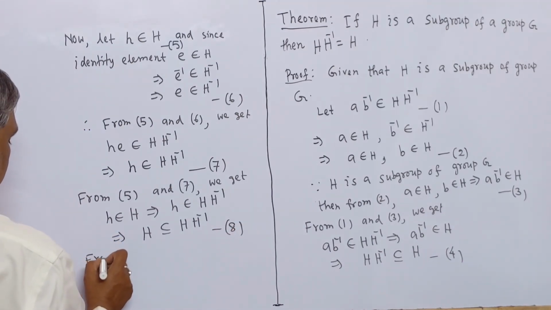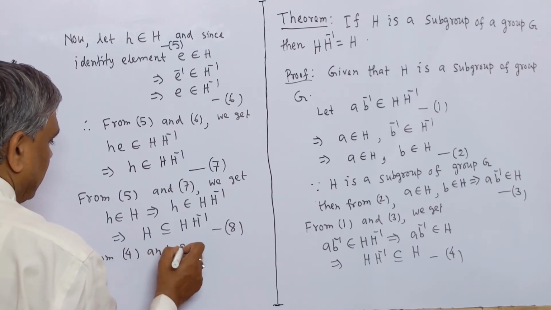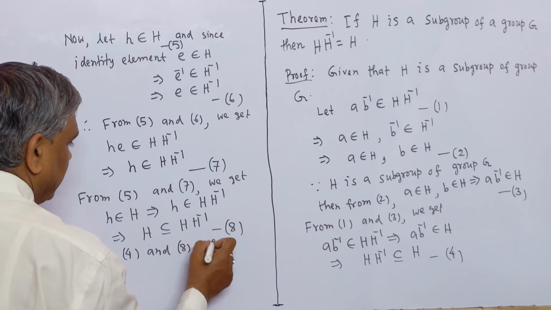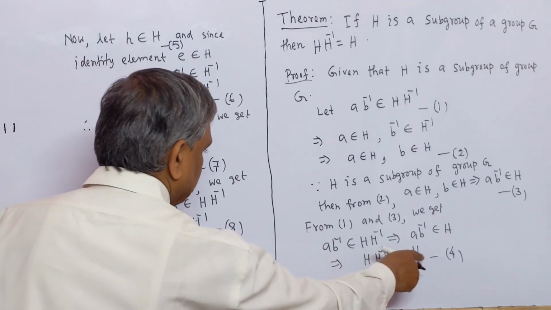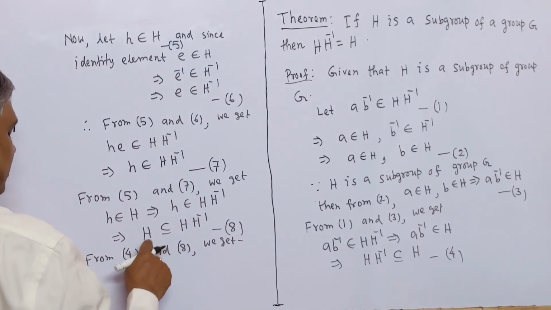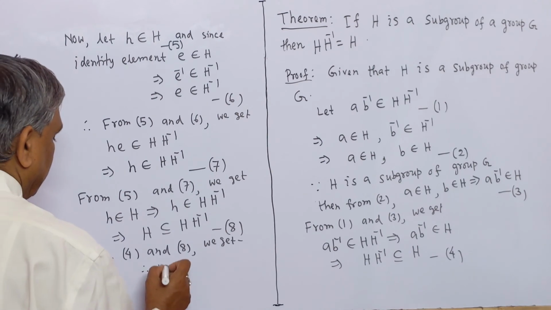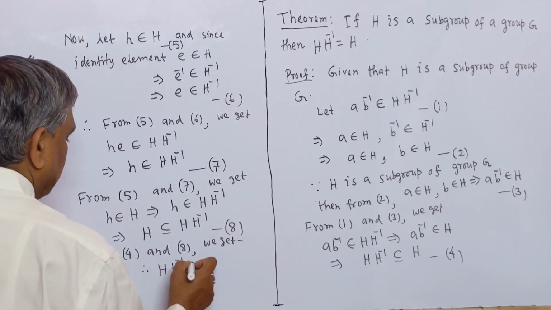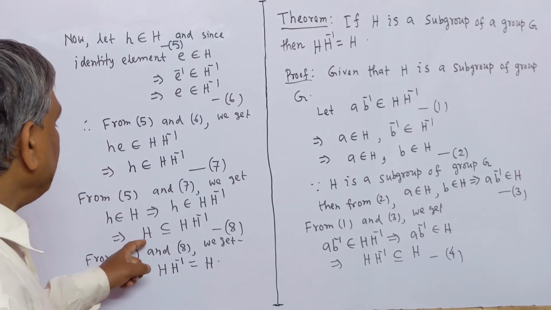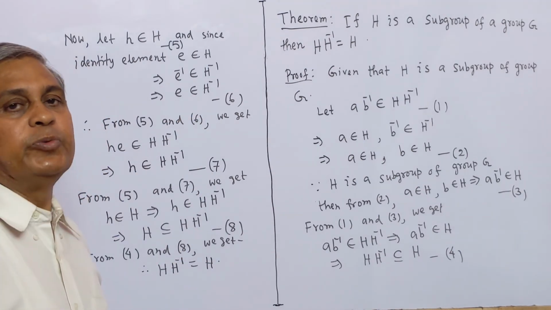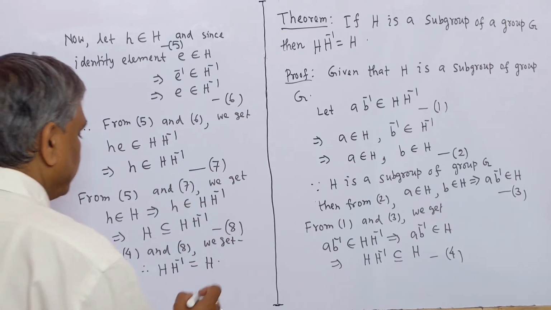From 4 and 8 we get, in 4 H inverse is a subset of H, and in 8 H is a subset of H inverse. Therefore H inverse equals H. Therefore, if H is a subgroup of a group G, then H inverse equals H. Proved.